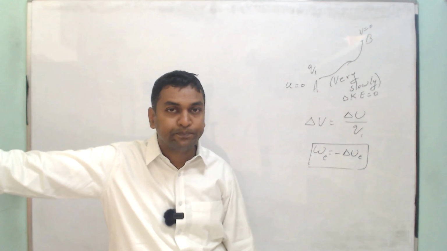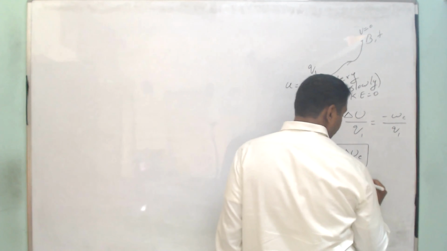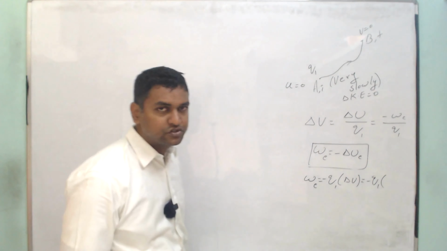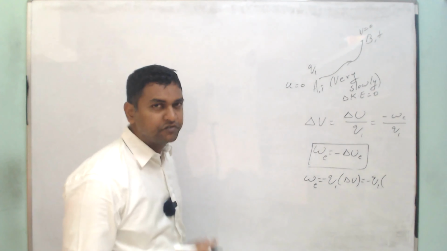In this story, this is the initial point, this is the final point, so it is equal to minus Q1 into the change in potential, which should be final potential minus initial potential. So it should be VB minus VA.